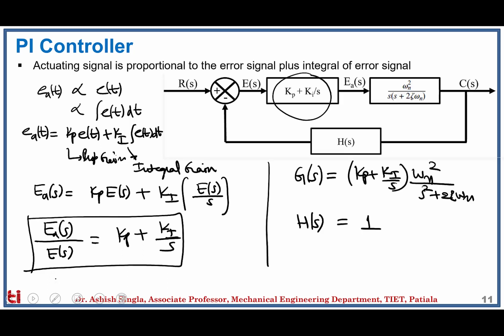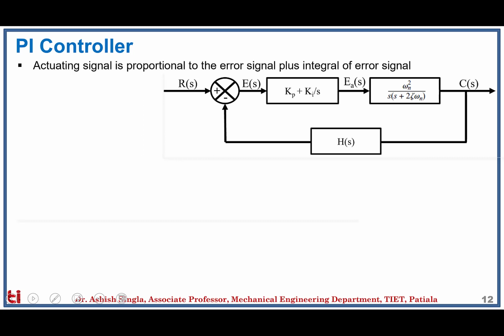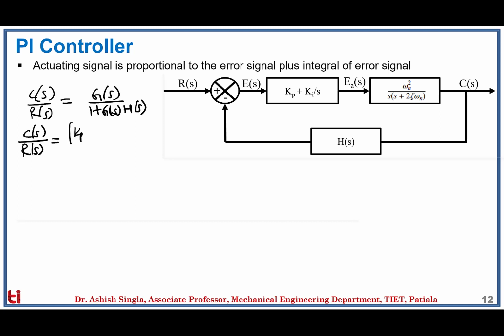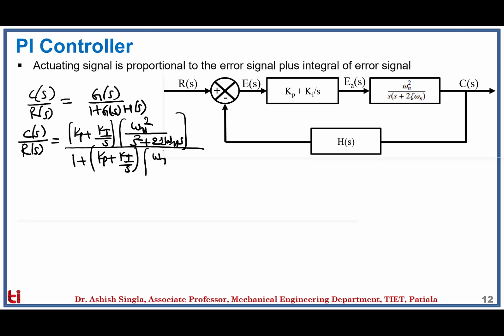So the overall transfer function of the PI controller is given as C(s) by R(s) is equal to (kp plus ki by s) into omega n square upon s square plus 2 zeta omega n s, upon 1 plus (kp plus ki by s) into omega n square upon s square plus 2 zeta omega n s.